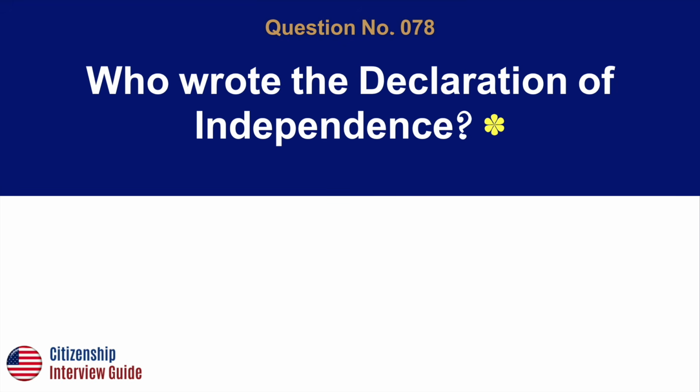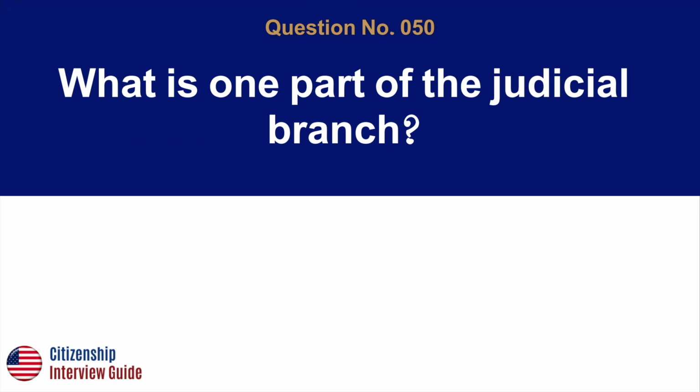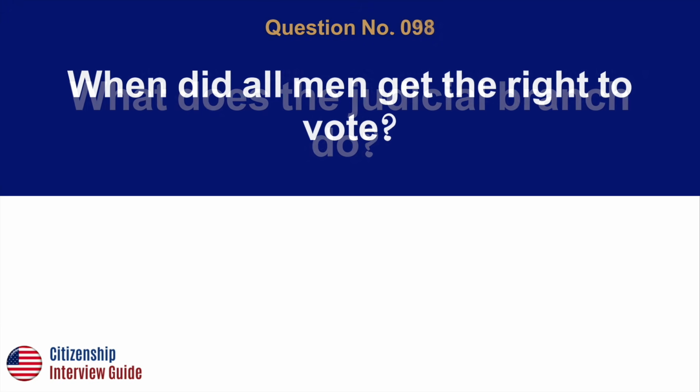Who wrote the Declaration of Independence? Thomas Jefferson. What is one part of the judicial branch? Supreme Court. When did all men get the right to vote?